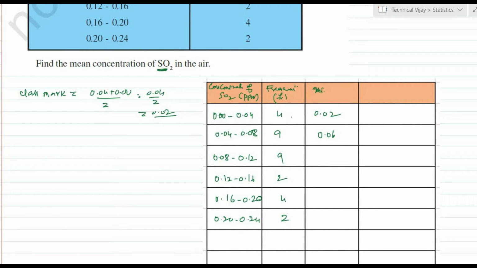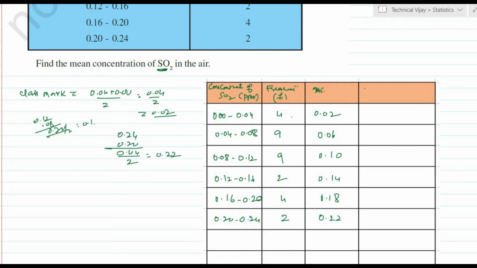Then 0.10, then 0.14, then 0.18, and 0.22, because 0.24 plus 0.20 is 0.44, divided by 2 means 0.22.